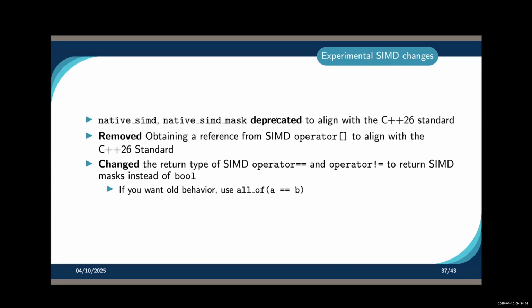We're removing being able to get a reference from SIMD operator bracket. This is also because in the standard this was removed because of various issues with reference proxies. And finally, we've changed the return type of the comparison operators, operator== and operator!=, for SIMD types to return masks instead of bool. This is a little bit more correct. And if you really want the old behavior, you can just use the all_of reduction over the operation.